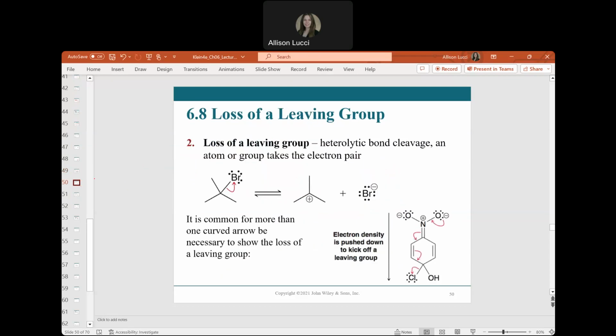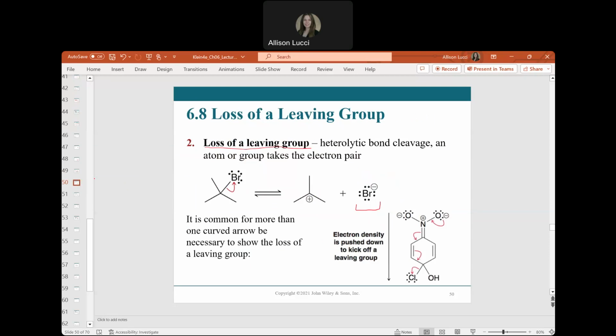So then we have our second arrow pushing pattern here, where we have the loss of a leaving group. So in this case, our leaving group, right, is what has left our molecule. So that's our bromine when it's bonded, but we'll end up with a bromide ion here as far as what our leaving group is.